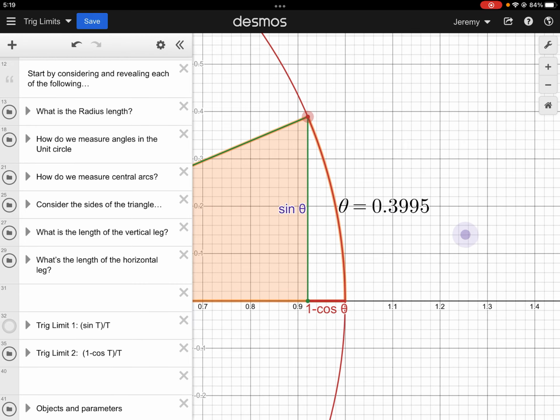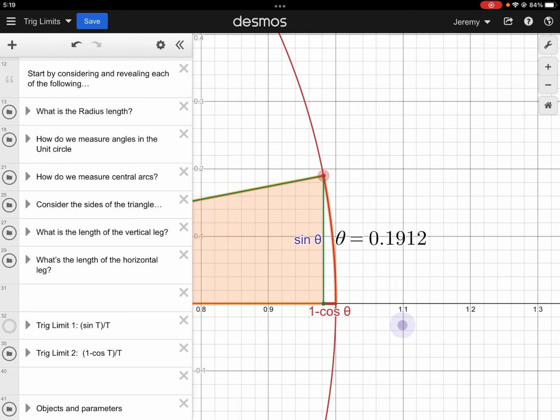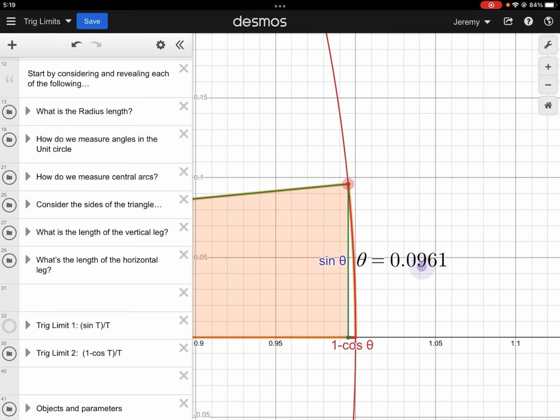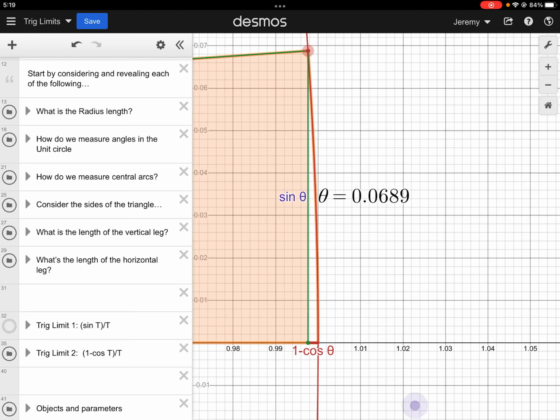Well, let's look at it. Angle's shrinking, and it's shrinking. We're comparing this 1 minus cosine, that red line, to that orange line. Let's zoom in because it's getting hard to see. Smaller angle, smaller angle. That little 1 minus cosine is kind of disappearing, right? And this orange line, because I zoomed in, is many times larger than this.